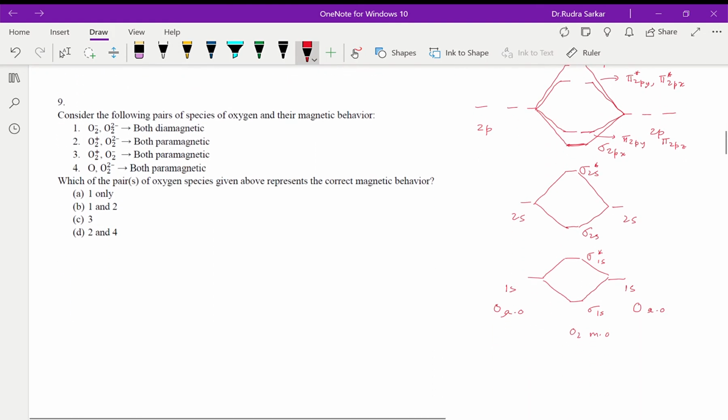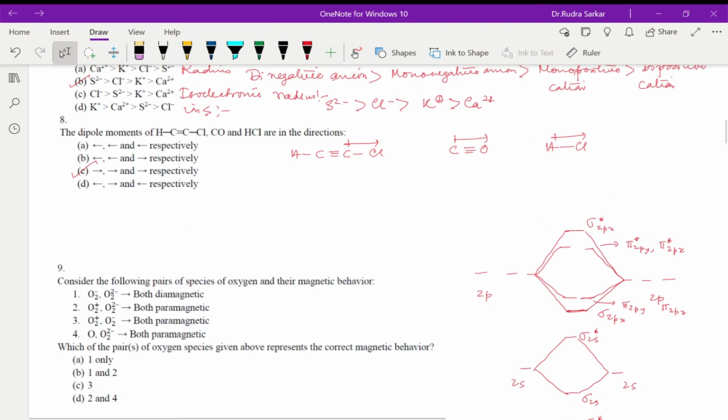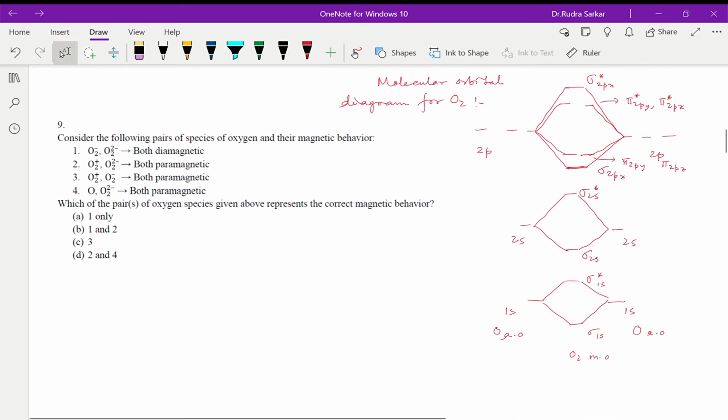Okay, that is your diagram or molecular orbital diagram for oxygen. Okay, that is what it is.